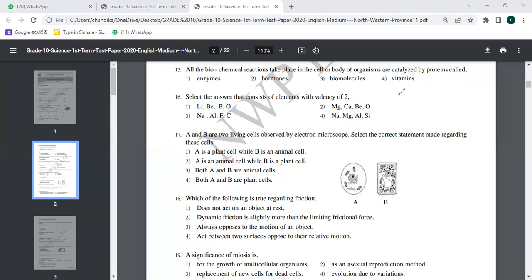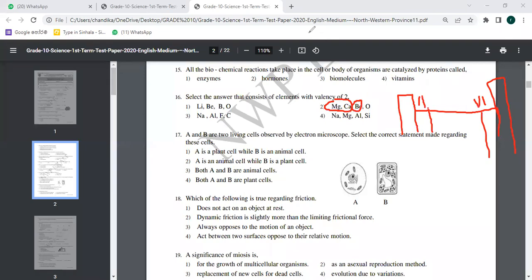In that, you have to select the elements available in the second group and the sixth group. The elements available in the second group are magnesium, calcium, and beryllium also.